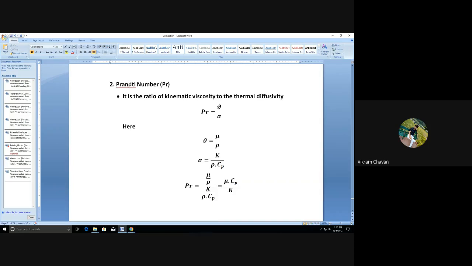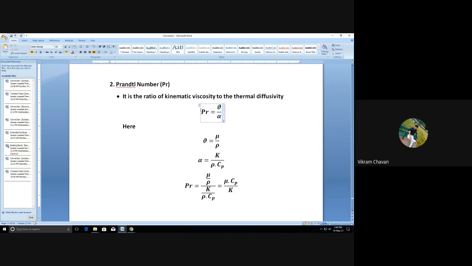It is the ratio of kinematic viscosity to the thermal diffusivity.